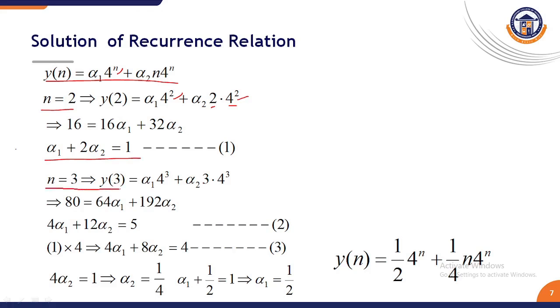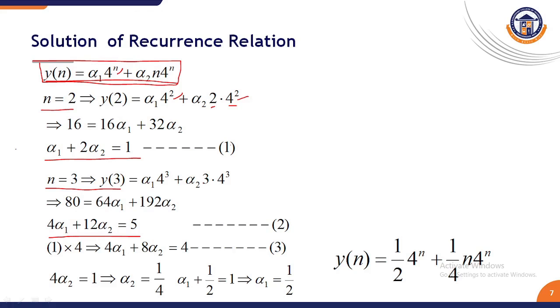Next apply the second initial condition to the same equation. That means substitute n equal to 3 in the equation y of n. So the reduced form of the equation is 4 into alpha 1 plus 12 into alpha 2 equal to 5.